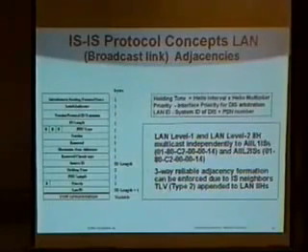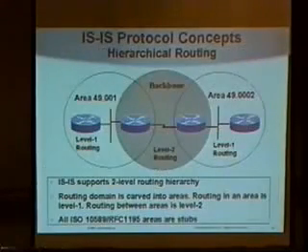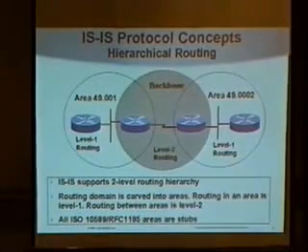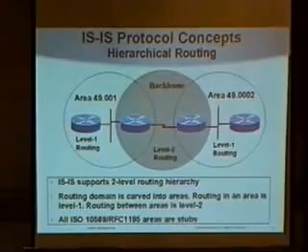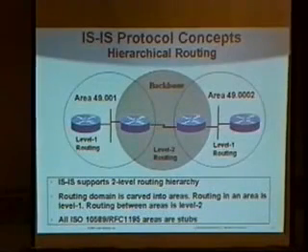Hierarchical routing, just like OSPF, is supported here in IS-IS, and we have 2 levels of hierarchy. So we've looked at areas before. This is pretty much the same slide here. We're showing 2 different areas here, 49002 and 49001. And the 2 of them have a backbone, meaning an area where they will do level 2 routing.